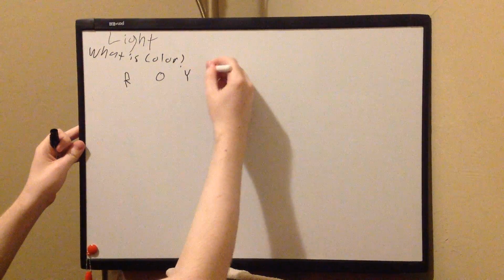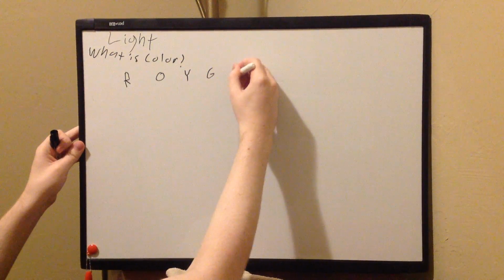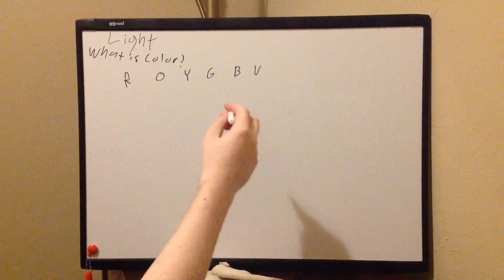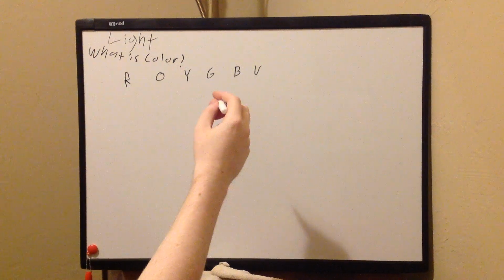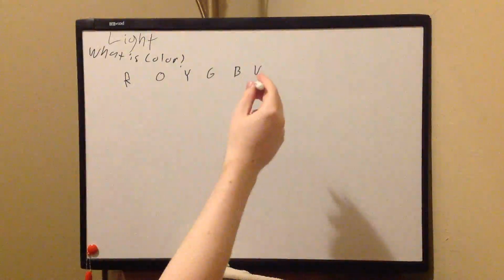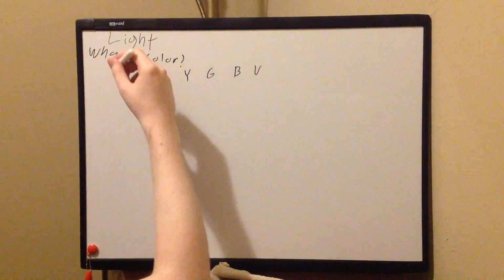So, the classic way to remember the colors of a rainbow is Roy G. Biv: red, orange, yellow, green, blue, violet. Now, this is very useful for understanding light in a physics sense, because this corresponds to the wavelengths of light.